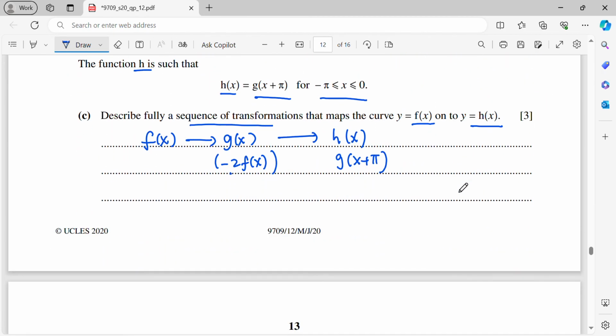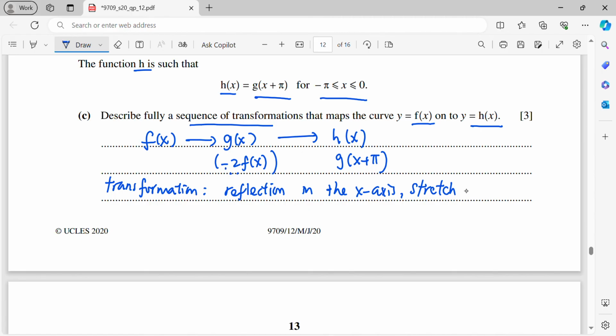So that means the transformation will be a reflection in the x-axis, and a stretch, because the minus means reflection in the x-axis.